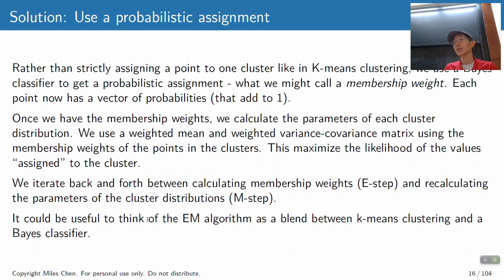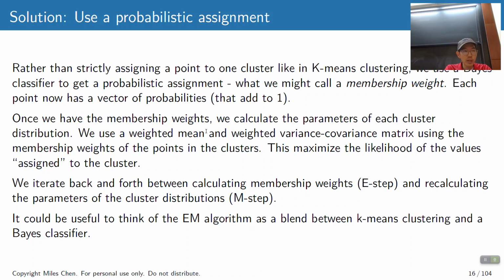This other point is only 20% probability cluster 1. So when we calculate the mean of cluster 1, we're going to put 99% on this value, 20% on this value, and calculate the mean that way. So we get a weighted mean for the center of this cluster. We do the same thing for the variance matrix: we get the weighted version of the variance covariance matrix.